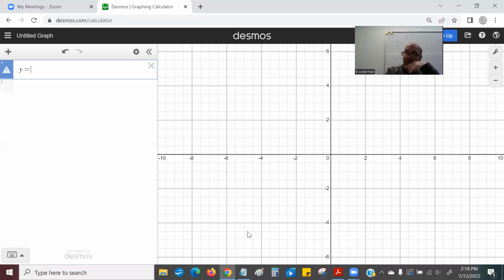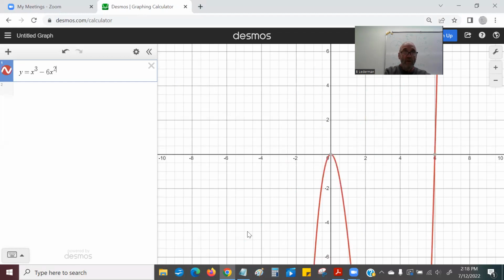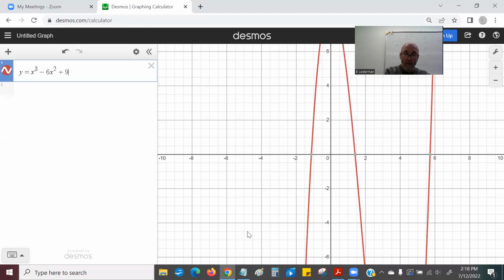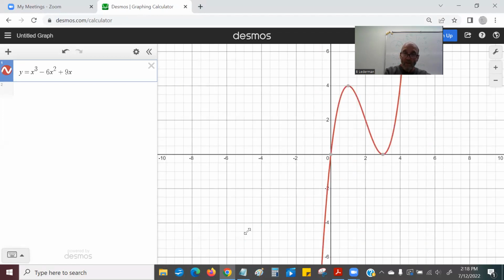I'm going to put in y equals x to the third minus 6x squared plus 9x and plus 2.